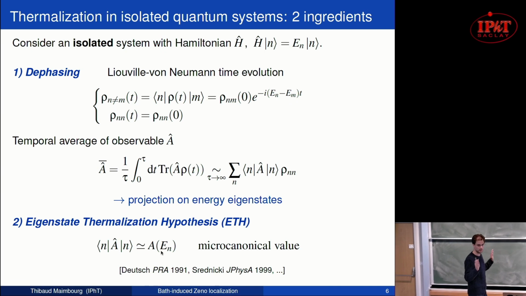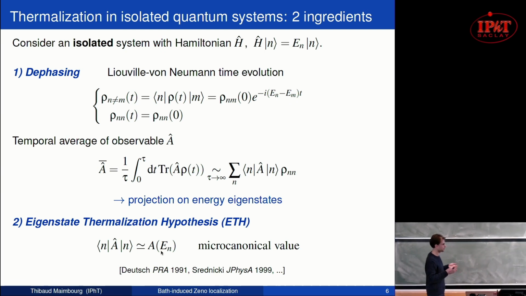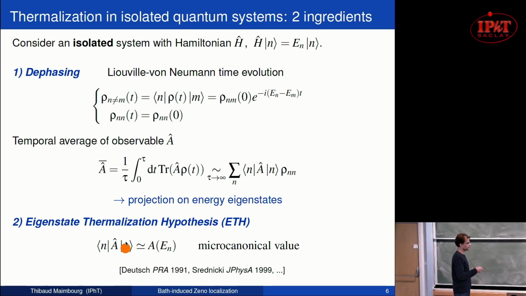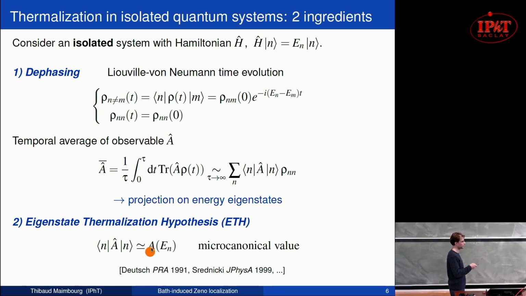You are in isolated systems, in the microcanonical situation. So you fix the energy, and every eigenstate at this given energy is approximately typical. This means they are exactly matching the microcanonical value that you expect at this energy.